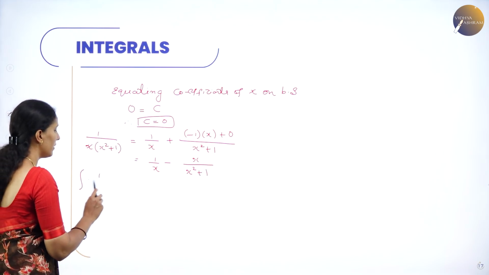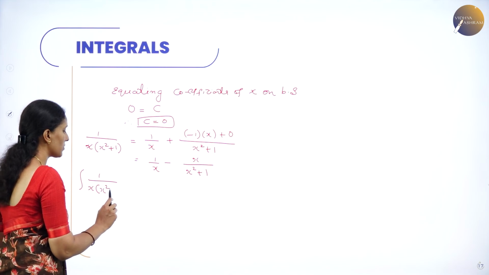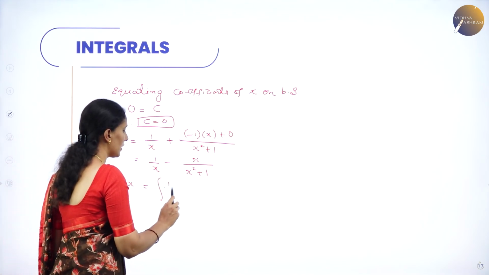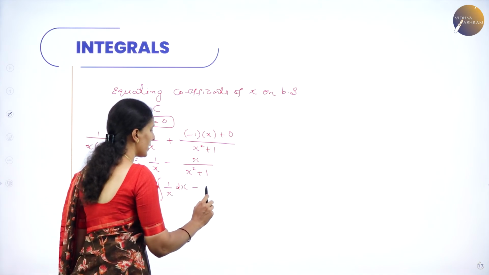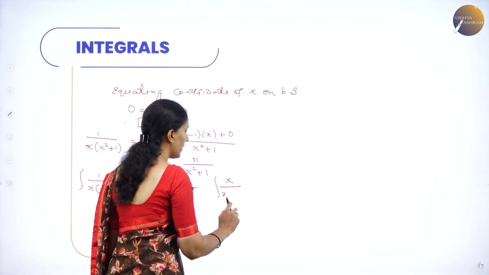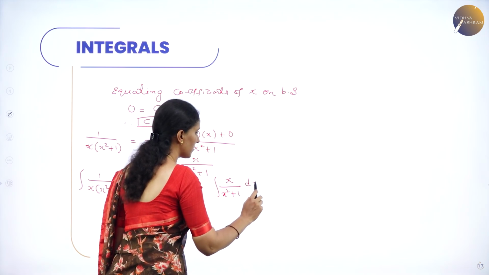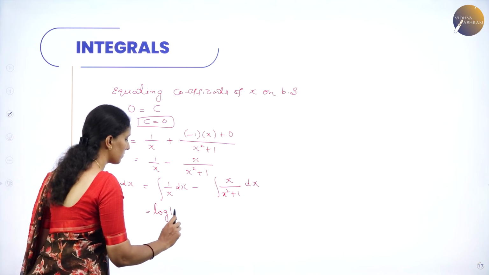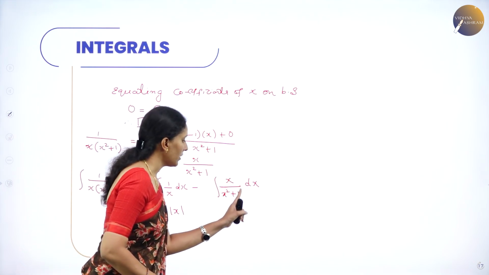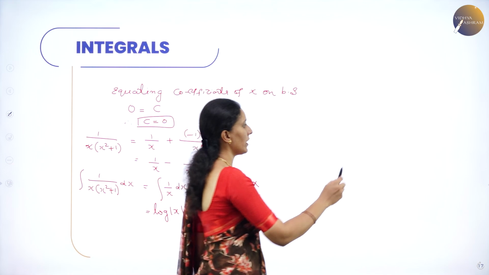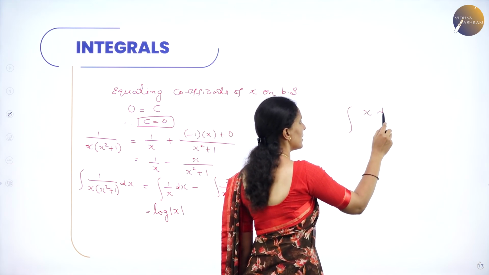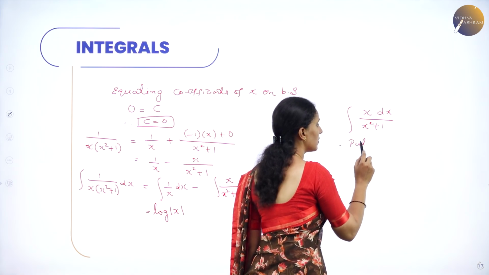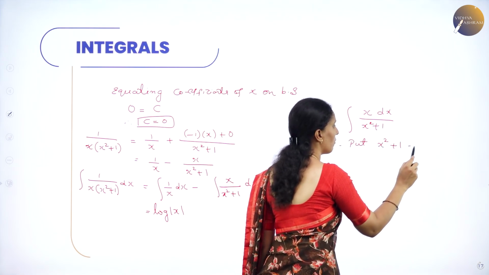So integrating 1 by x into x square plus 1 with respect to x. So let us integrate it separately. Integral 1 by x dx minus integral x divided by x square plus 1 dx. So the first one, clearly you can write it in the form of log x. The second one, use the substitution method. So we have integral of x dx by x square plus 1. Put x square plus 1 is equal to t.